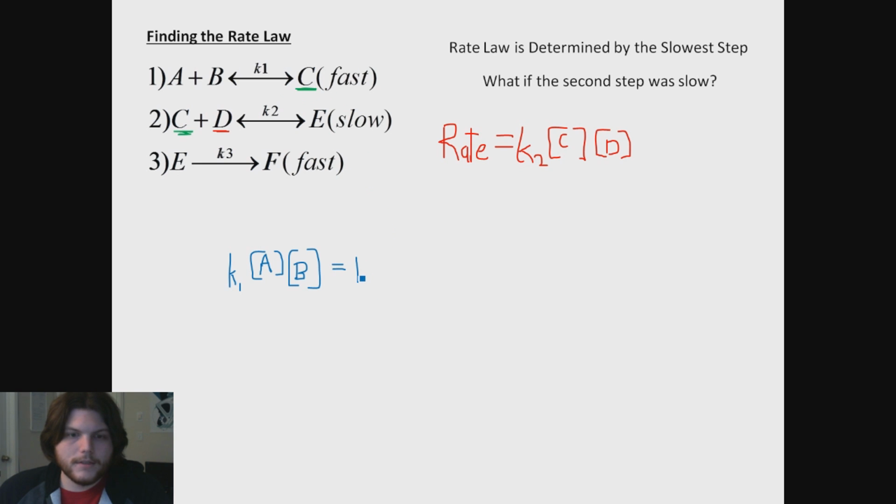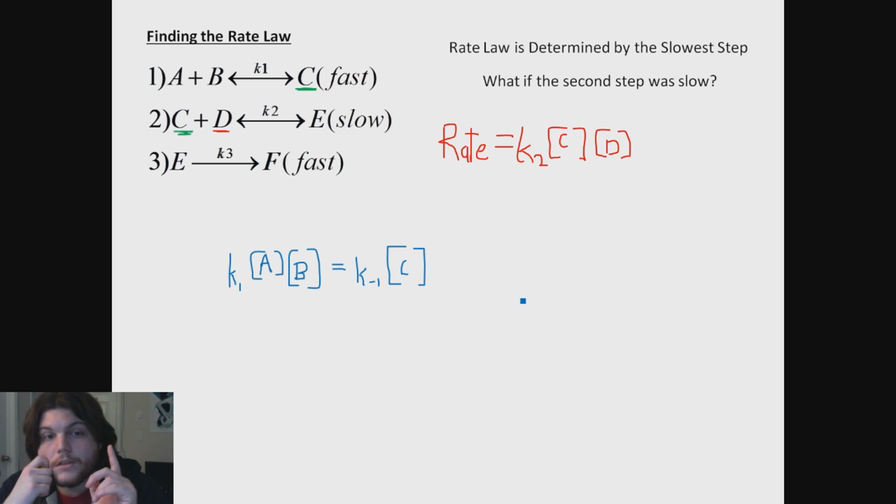So our rate backwards is going to be K negative 1 times the concentration of C. Now, since we've used the pre-equilibrium approximation, we can solve for C using this equation and plug it in, and we should end up with only reactants. Now, let's solve for C.